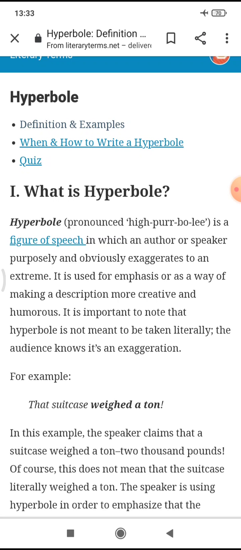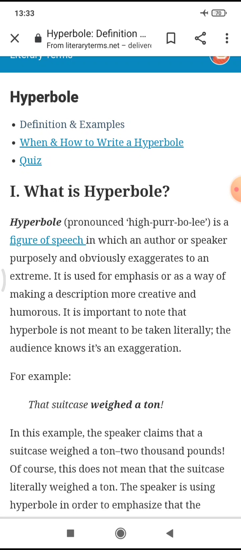Hyperbole is a figure of speech in which an author or speaker purposely and obviously exaggerates to an extreme. So the term is self-explanatory.